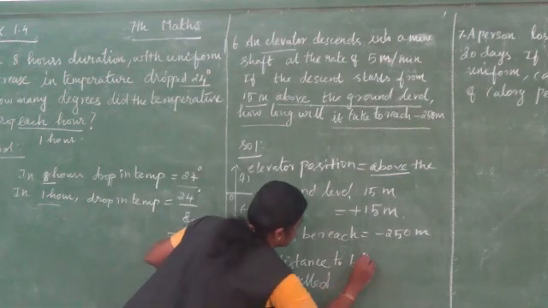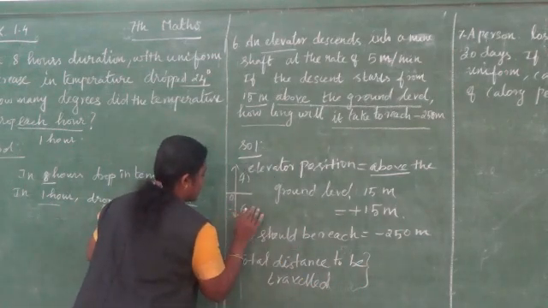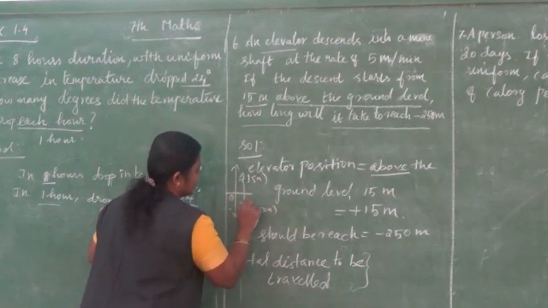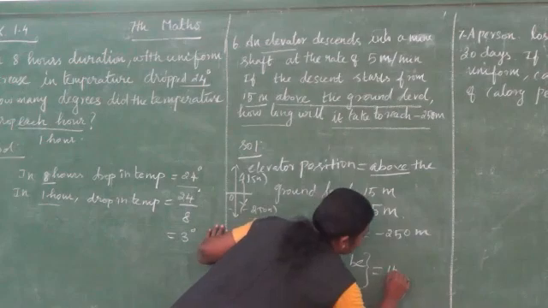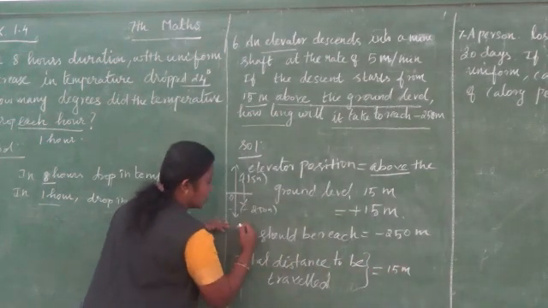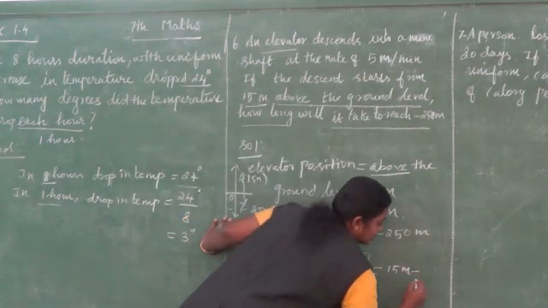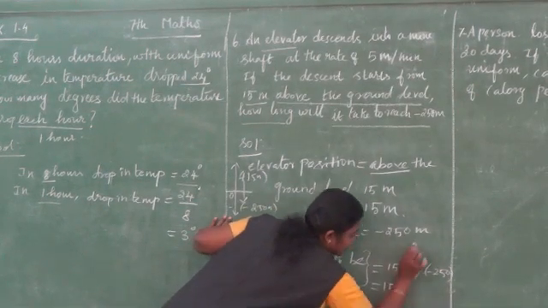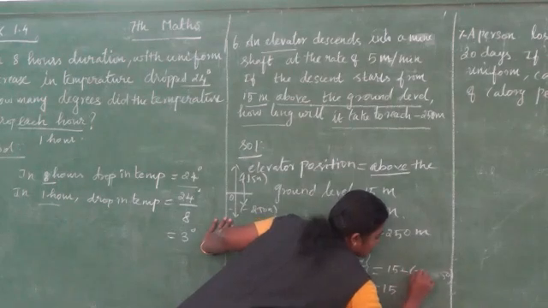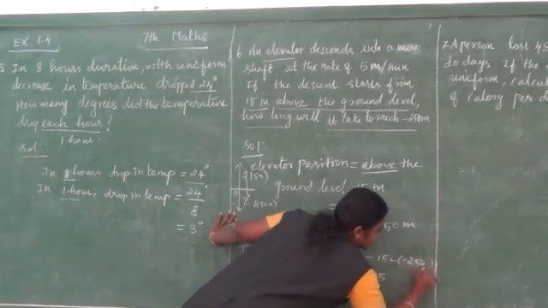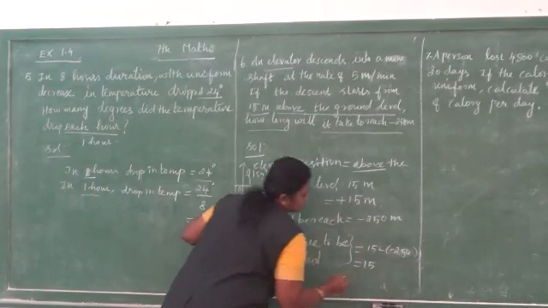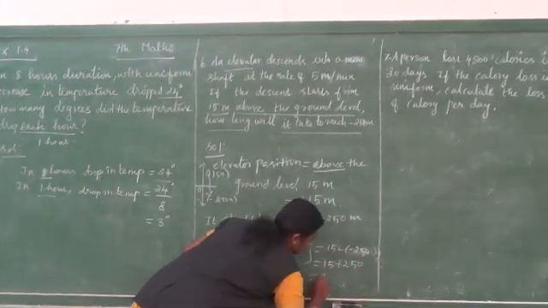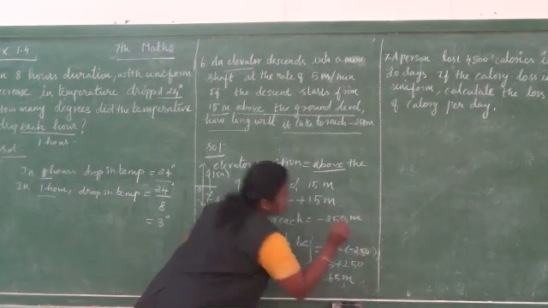The distance to be travelled up to minus 250 meter: here plus 15 meter, then immediately down, so you should keep the minus sign, minus 250. So 15 minus of minus 250, minus of minus, taking the additive inverse, so plus 250. The answer is 265 meter.